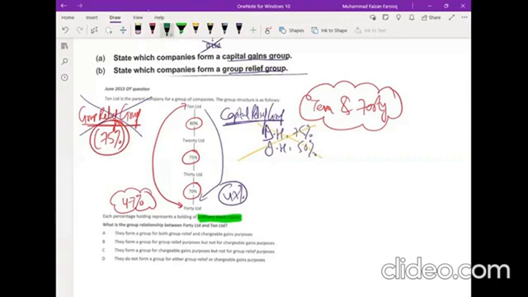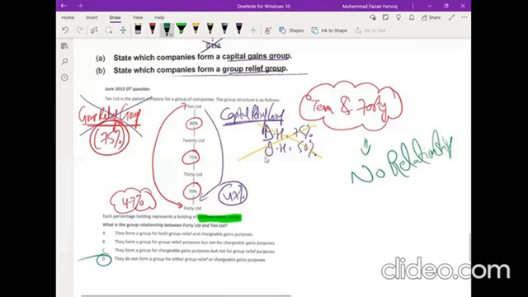So what should be the answer? D. They do not form a group for either group relief or for chargeable gain purposes. This is from your revision kit. Any confusion in this question, please ask me.